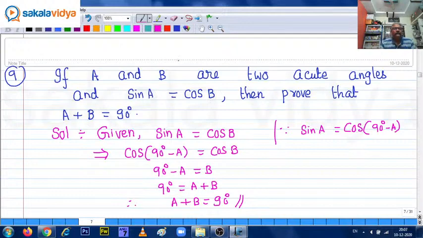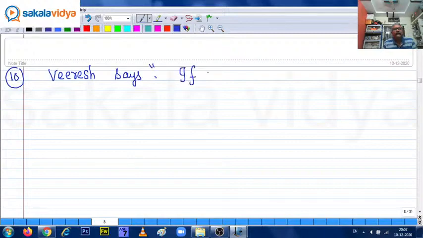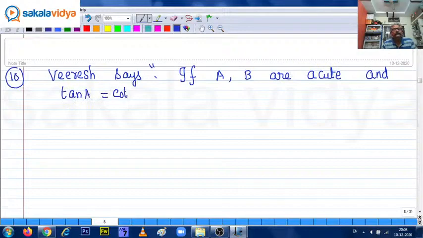Okay, 10th question. Viresh says, if A and B are acute and tan A equals cot B, then A plus B equals 180 degrees.